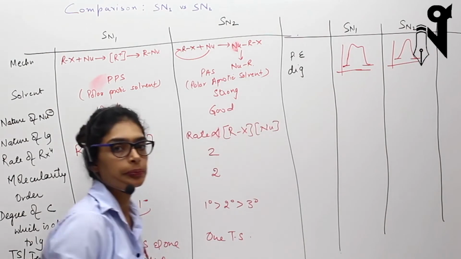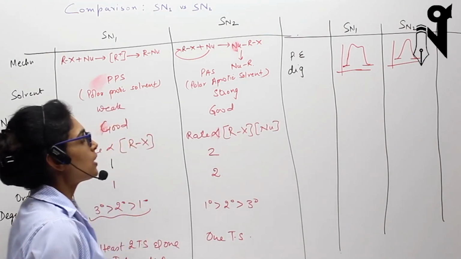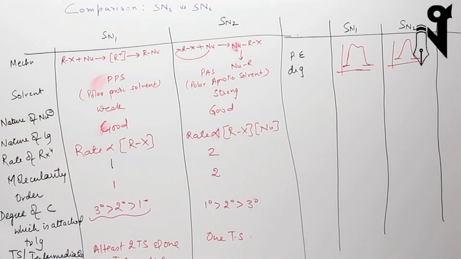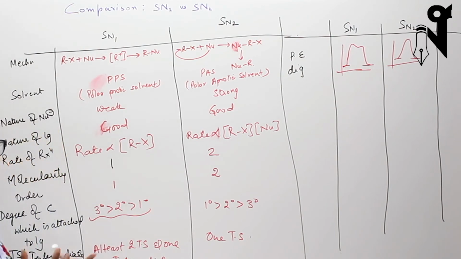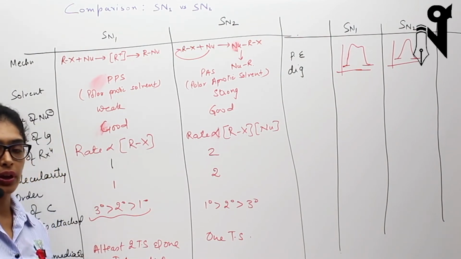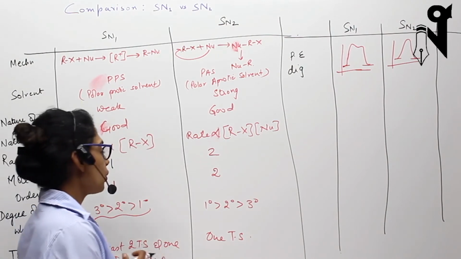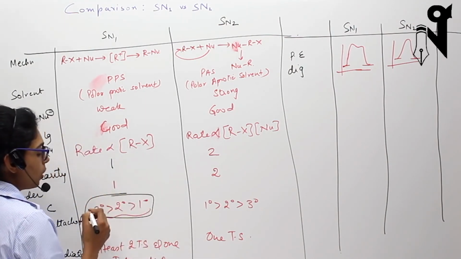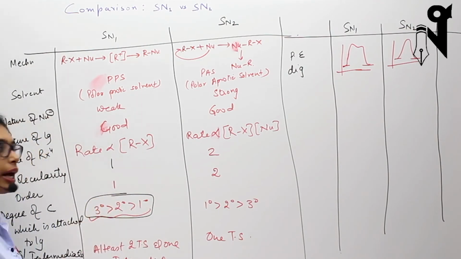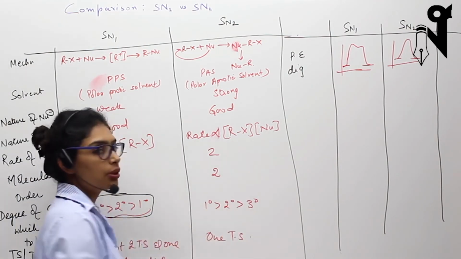Okay, so these are a few factors which can affect the rate of reactivity of a molecule and can direct the reaction towards SN1 or SN2. So when we are talking about the degree of reactant where the leaving group is present, as I have already mentioned, for SN1 the order is tertiary, secondary and primary, and for SN2 it is primary, secondary and tertiary.